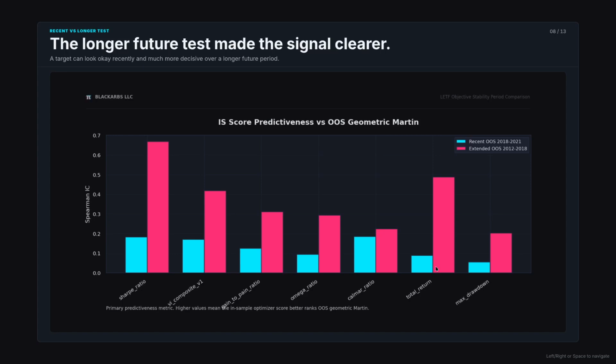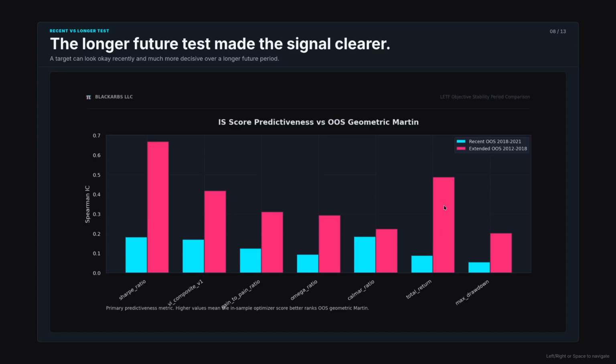This is the information coefficient from both periods, and we can see again how well that Sharpe ratio does over the extended period, and then it holds its own in the recent out of sample period.